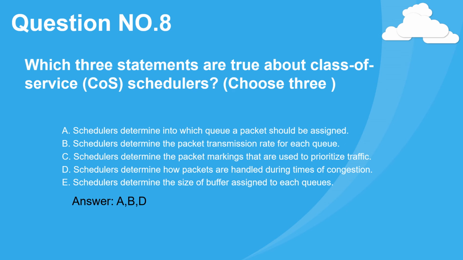C. Schedulers determine the packet markings that are used to prioritize traffic. D. Schedulers determine how packets are handled during times of congestion. E. Schedulers determine the size of buffer assigned to each queue. Answer: A, B, D.